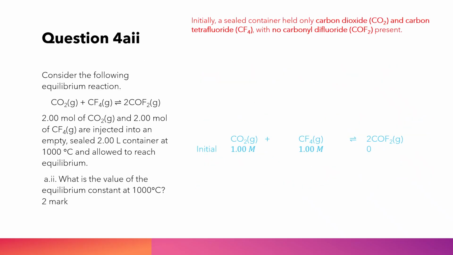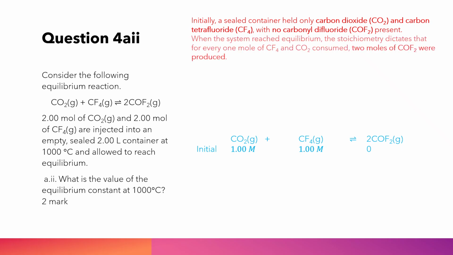Initially, a sealed container held only carbon dioxide, CO2, and carbon tetrafluoride, CF4, with no carbonyl difluoride, COF2, present. When the system reached equilibrium, the stoichiometry dictates that for every 1 mole of CF4 and CO2 consumed, 2 moles of COF2 were produced.